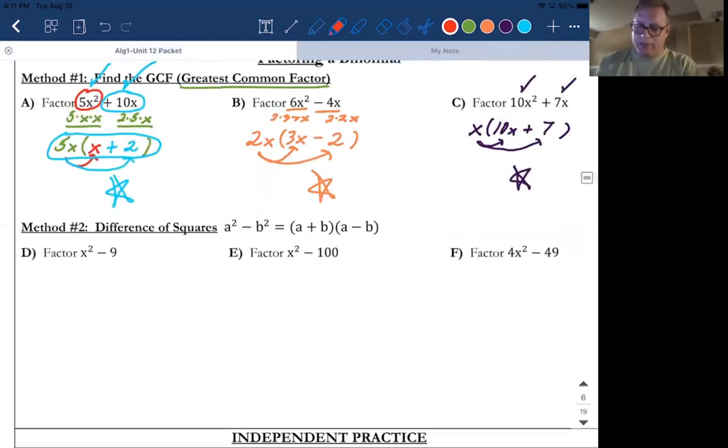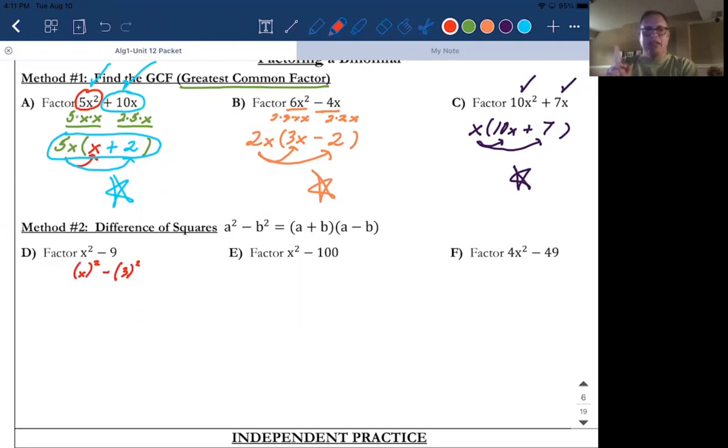So here's what we're going to do. We're going to take a look at x squared minus 9. Well, x squared is really the same as x quantity squared, and 9 is really the same as 3 squared. So both terms in the binomial are perfect squares. Okay, that's important.